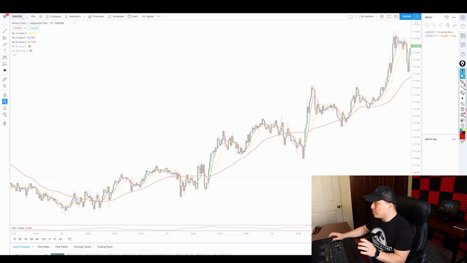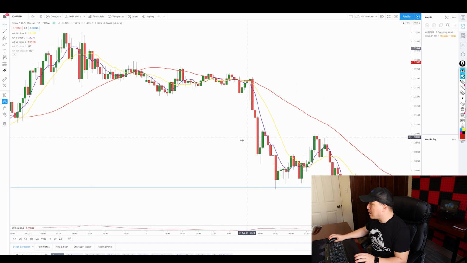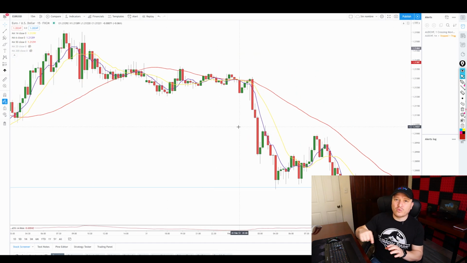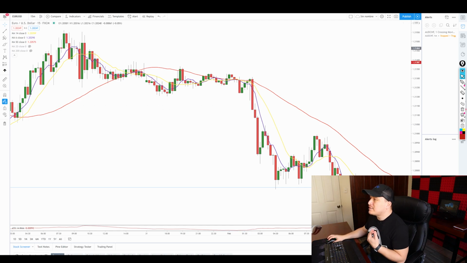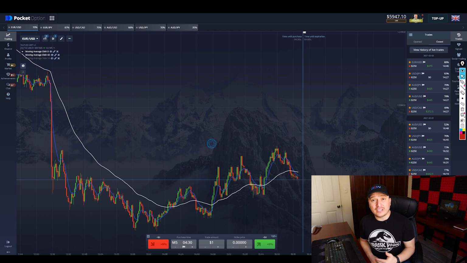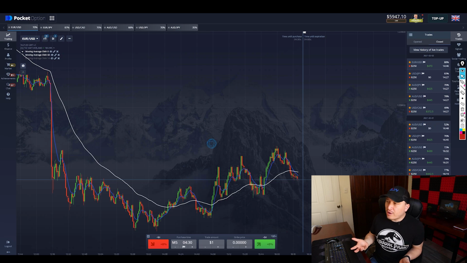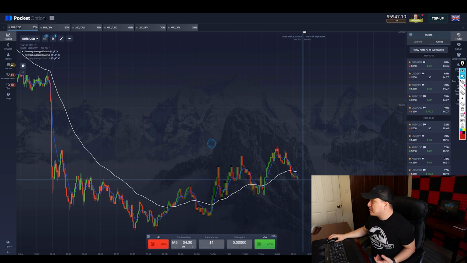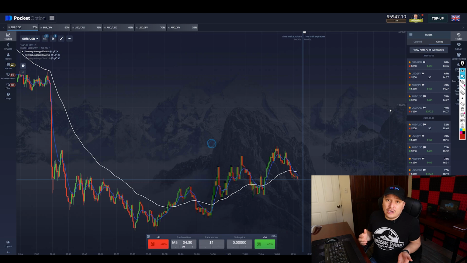If you actually go to Euro USD, you will see a lot more stable candles and a lot more stable movements. That's the simple reason why I actually prefer to use these currencies. And these are considered major pairs. There's probably also the US dollar against the Swiss currency, or even the British pound against US dollar, and so on. But these are the ones that I actually focus on. And as you can see, the results are pretty good.